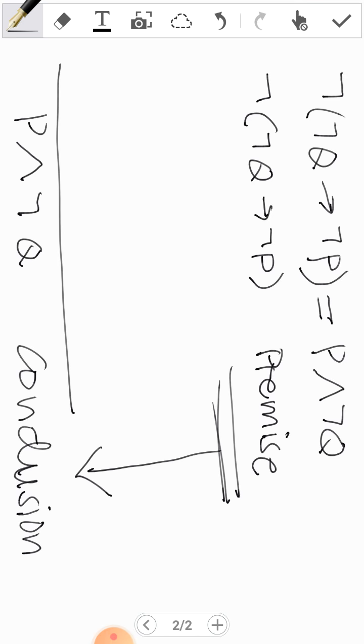But if you will look at number 12, you have P implies Q is equivalent to not Q implies not P. So, if you will look at number 12, isn't it that this section here is exactly the right side of formula number 12?